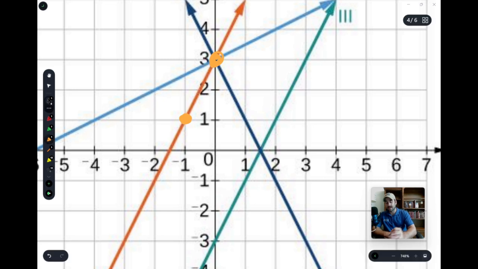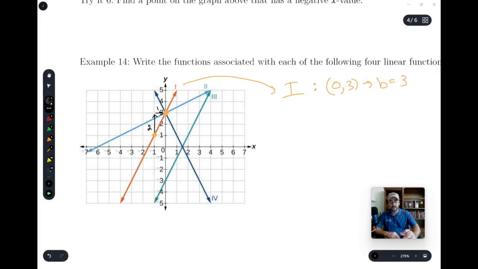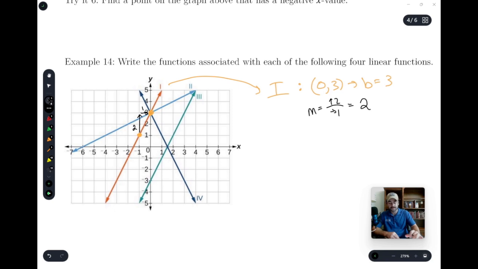So what does this line look like it's doing if I'm reading from left to right? Looks like it goes up 2 and over 1. And remember, we've got a rise over run, and so our m is up 2 over 1. Those are both in the positive direction, positive y, positive x, so they're both going to be positive, and our slope is just going to be 2.